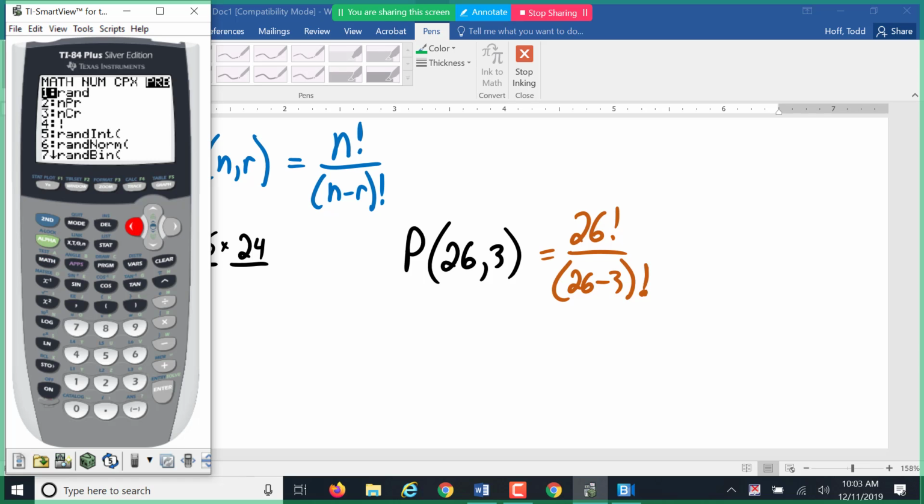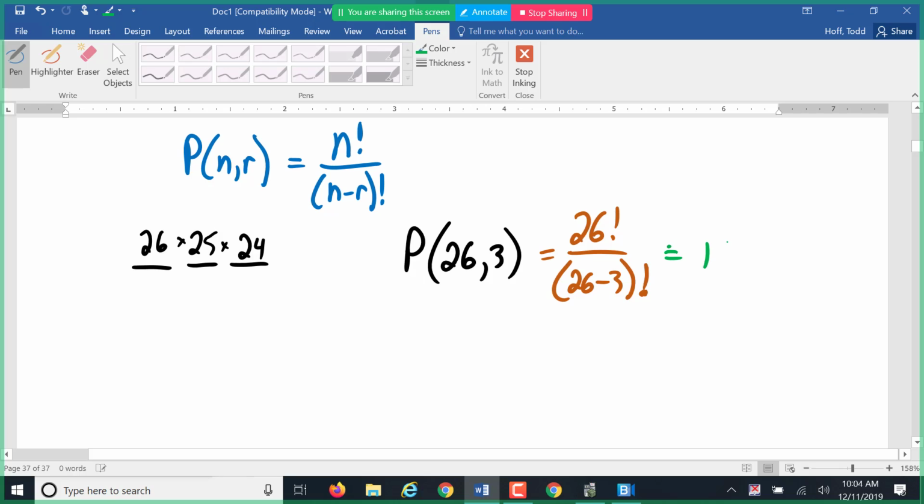Hopefully on your calculators, most of the TI-30s have that factorial button as a second function, so it's a little easier to get to than having to go through the math menus like I do. 26 factorial divided by parentheses, 26 minus 3, close parentheses, factorial. 15,600 different combinations of those letters.